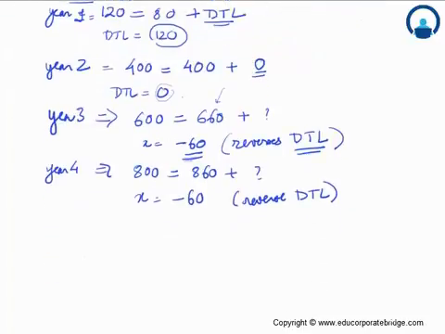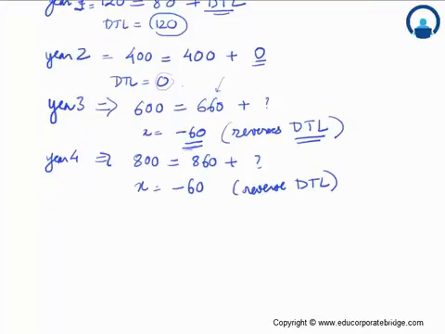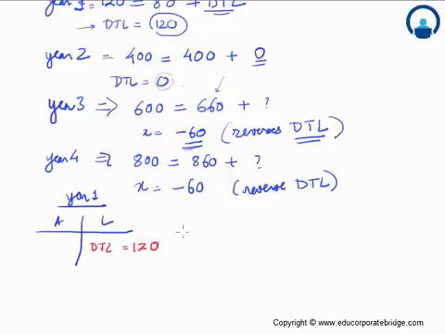So let me show you how this will get recorded in each year when it is about the balance sheet. Okay, so let's look at year 1 balance sheet. This is asset and this is liability, and what we notice in year 1 is the deferred tax liability that comes out to be 120. So we'll write here as DTL. This comes out to be 120. This is year 1. Now what about year 2?